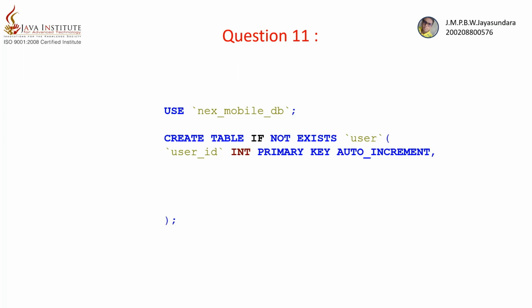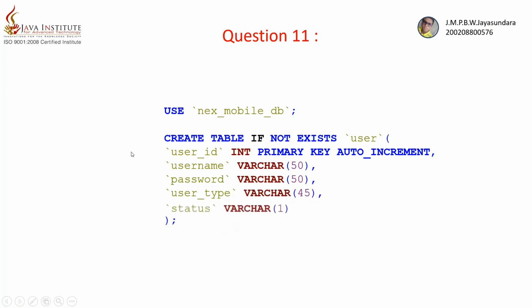Then after that, in the first column we have given its name as user ID and the data type as int. Then we have defined this column as a primary key and we have said this column should be an auto increment column. After that, the username column, password column, user type column and the status column.